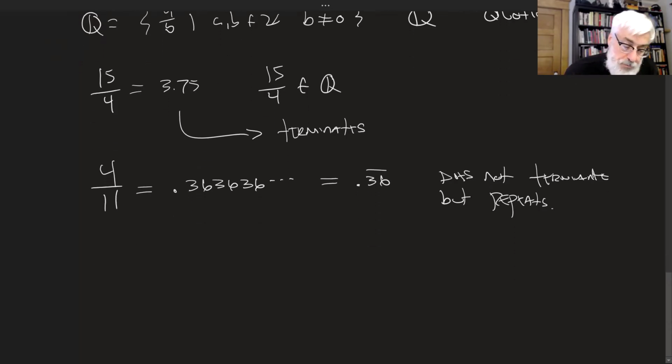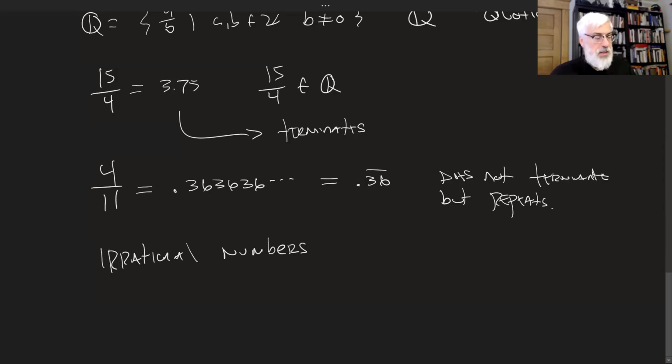So we have what's called rational numbers. Now we have something called irrational numbers. Irrational numbers have a particularly unsatisfying definition as being not rational. And remember, the definition of rational means we can express it as a fraction where a and b are integers and b is non-zero.